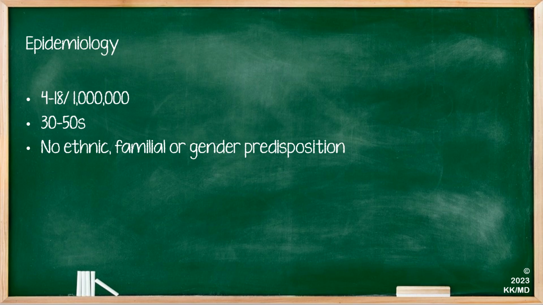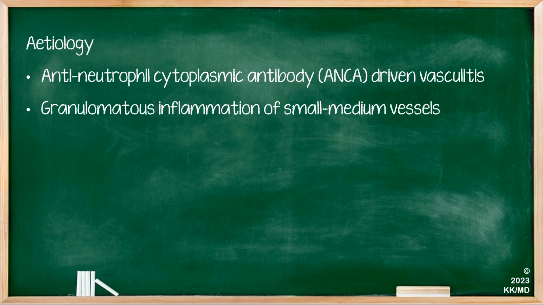It tends to affect people around the ages of 30s going into their 50s, and there's really no ethnic, familial or gender predisposition. As we've said, it is an ANCA or anti-neutrophil cytoplasmic antibody-driven vasculitis with granulomatous inflammation of the small to medium vessels.